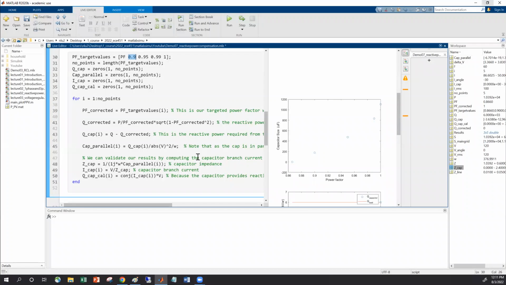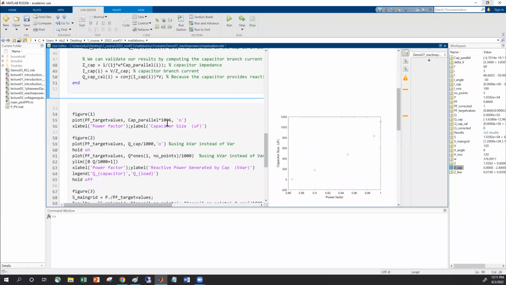You can see that when I plot them out, I multiply this capacitance by 10 to the power 6. This is because the original value would be in Farad. In order for us to not see 10 to the minus 6, let's just do that. Without this, you will see 10 to the power minus 6, and then this value would no longer be microfarad, okay?